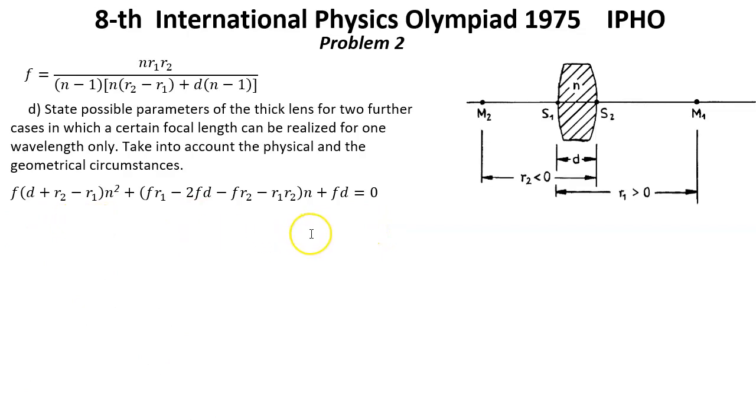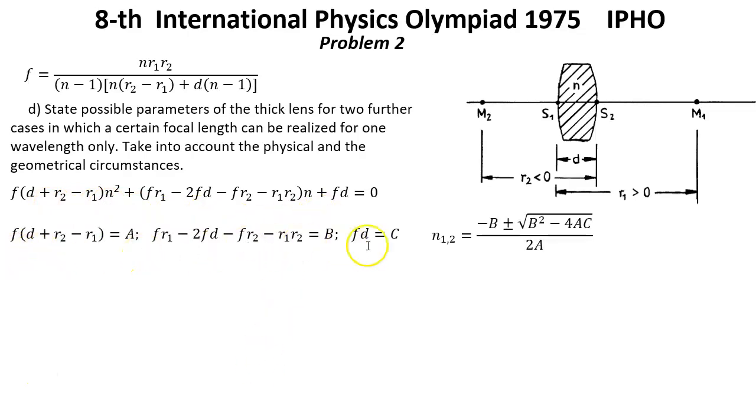Here we can use the regular substitutions for coefficients A, B and C. That will be this one. And from here we can write the solution for two roots of this equation. That will be this one. But we have to consider cases when we have only one root. That could happen in three different cases.